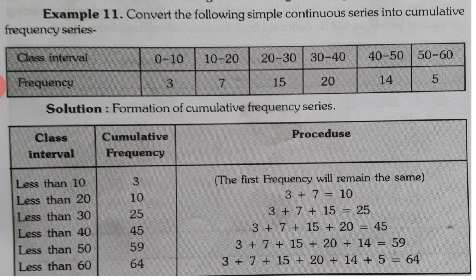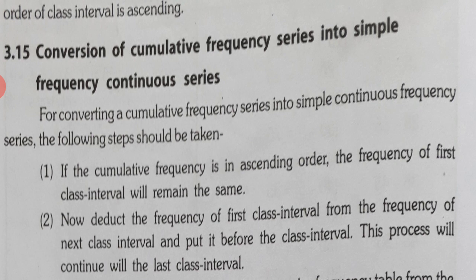Then 45 plus 14 comes to 59 for the fifth, and for the last, 59 plus 5 comes to 64. Like this you can convert a simple continuous series into a cumulative continuous frequency series.